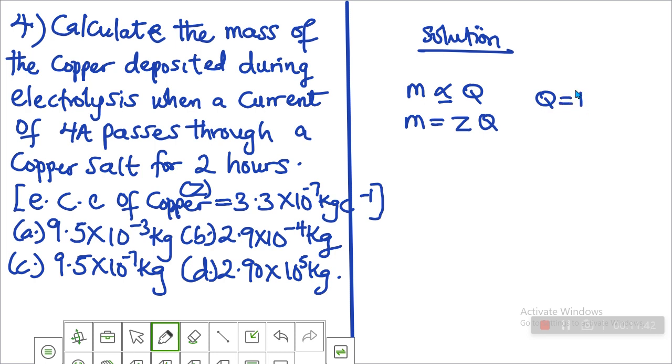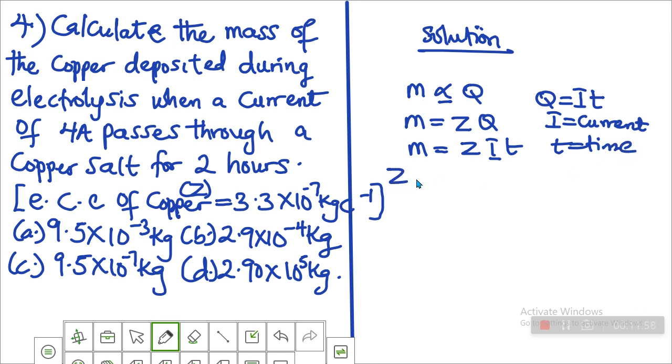Q is the product of current and time. So it's going to be M equals Z I T. And the I is the current, the T is the time, and the Z is the electrochemical equivalent, that is the ECE.